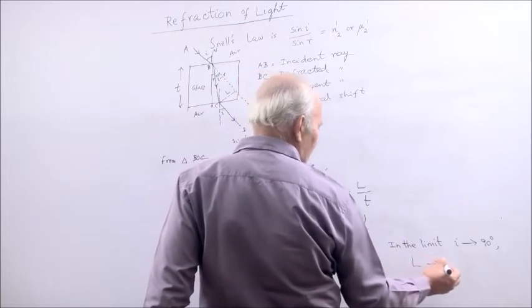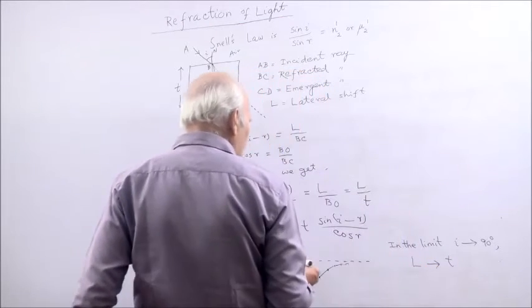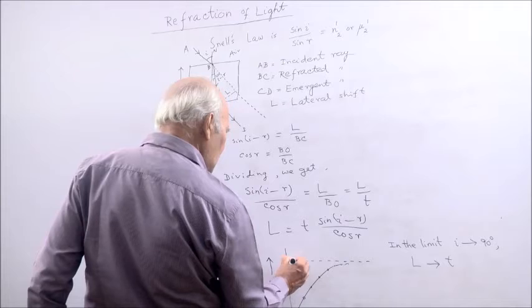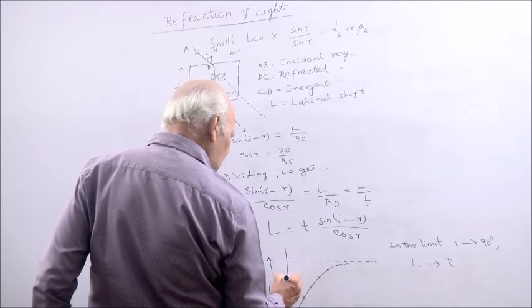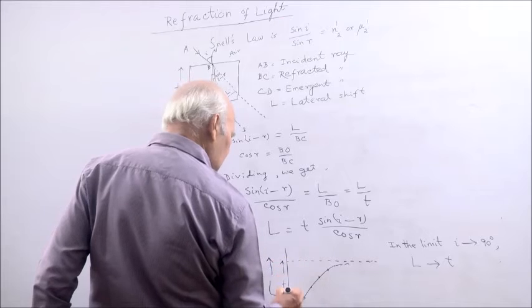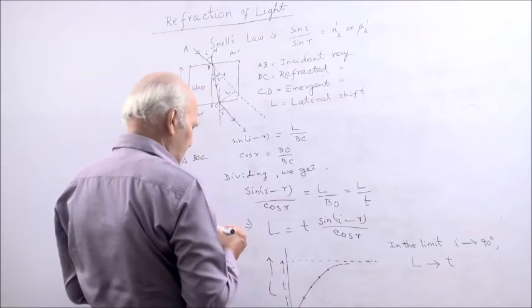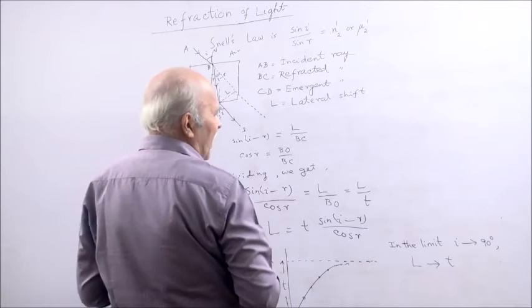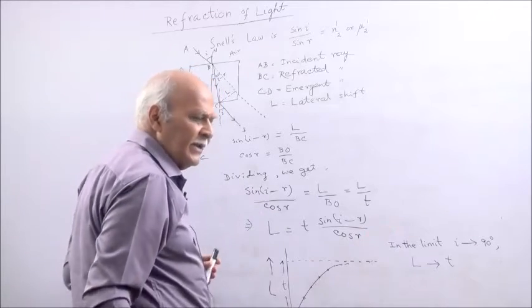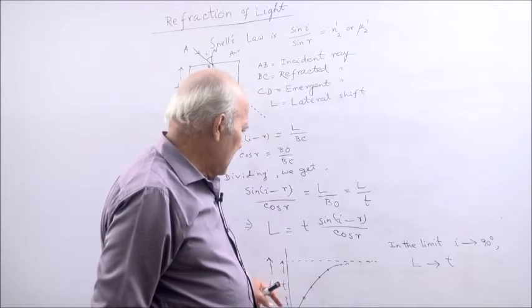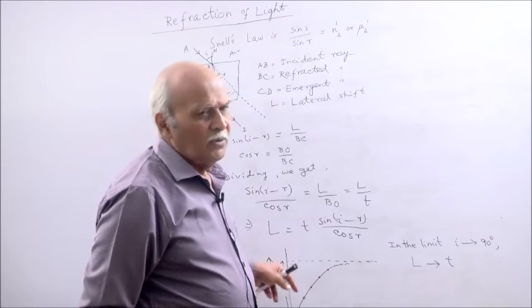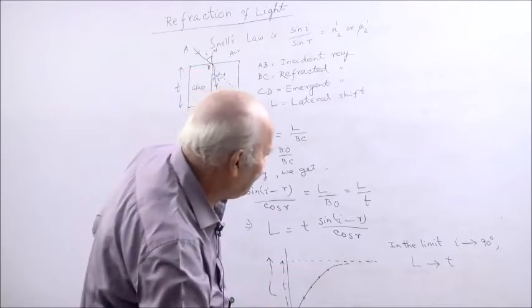Cos r cancels, so you get T. That means this asymptote gives you the thickness T, and it will approach that because no one can exceed 90 degrees. So the lateral displacement can have a maximum value of T, that is the thickness.